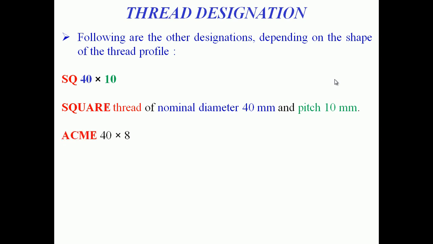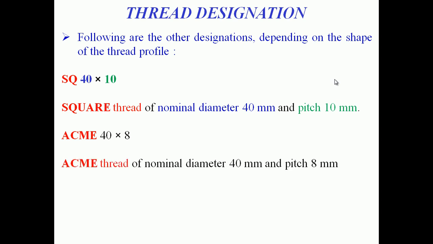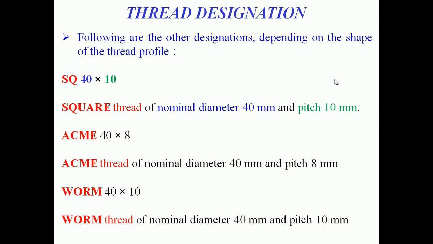Next is Acme 40 cross 8, an Acme thread of nominal diameter 40 mm and pitch 8 mm. Worm 40 cross 10 means worm thread of nominal diameter 40 mm and pitch 10 mm. The square, Acme and worm thread forms we have seen in the last class.